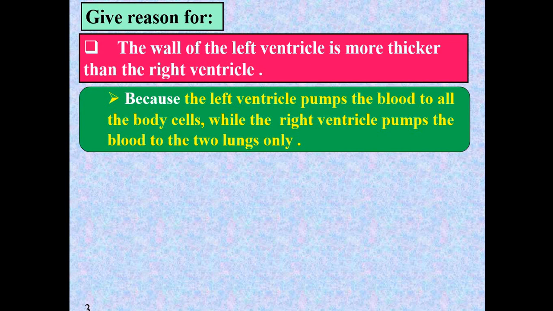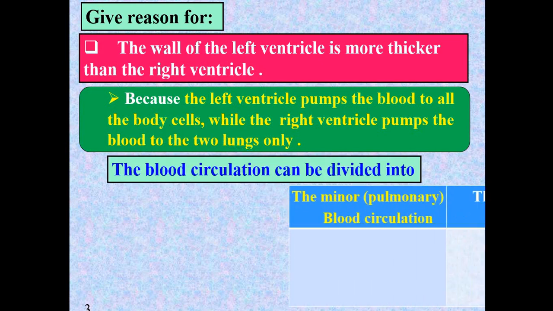The wall of the left ventricle is thicker, bigger than the right, because the left ventricle will pump blood to all body cells. So it needs a thicker wall to withstand this pushing. It will push the blood to all body cells, while the right ventricle will pump blood only to the two lungs.